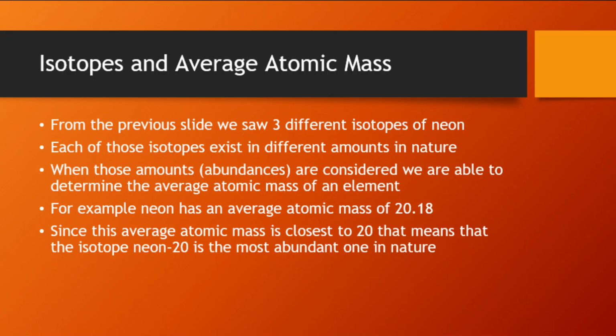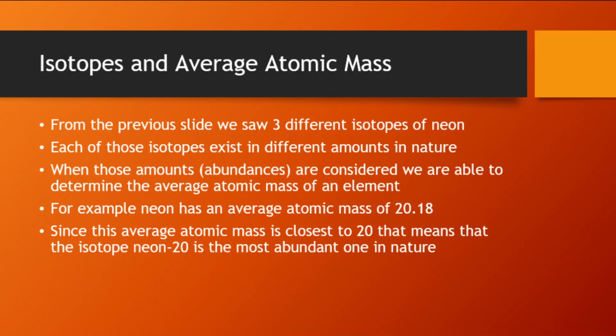We had the isotope could be called neon 20, neon 21, and neon 22. Now, the thing is that each of those isotopes exist naturally in nature in very different amounts, okay? Now, when those amounts or abundances are considered, we are able to determine the average atomic mass of an element, okay?